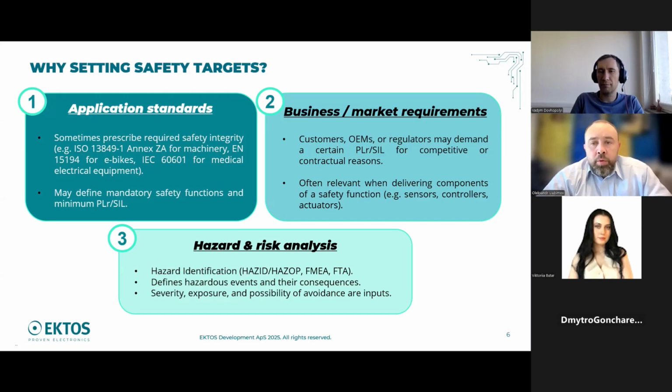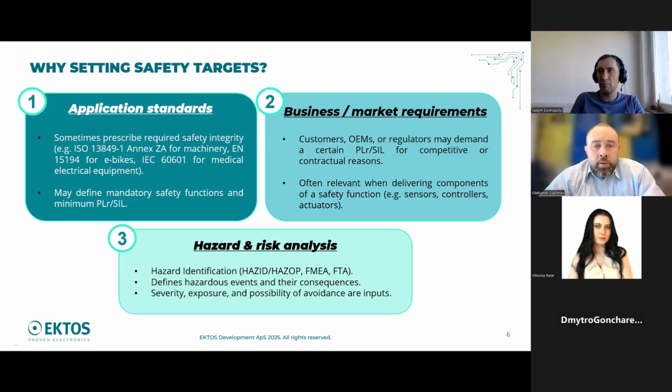So we want to compete with BMW in terms of safety. We can see in the specification of BMW's e-bike the performance level and safety integrity level they declare, and then we can say, okay, in our specification for the product we want to be at least as good as the BMW reference e-bike. This is how sales and marketing teams, based on competition analysis, bring those requirements into the product development.